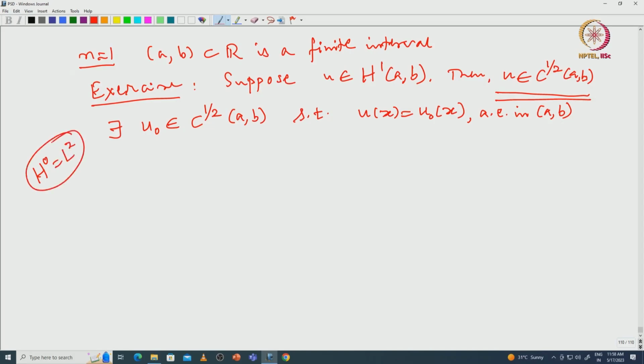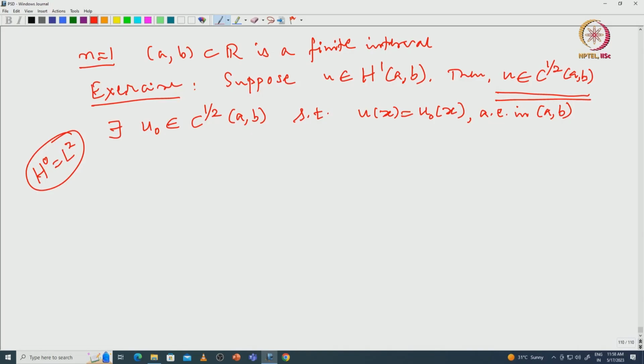If I take just an L2 function, it need not even be continuous, for example the Heaviside function. But if you give a little regularity, even a weak derivative in L2 gives us a C^{1/2} function.